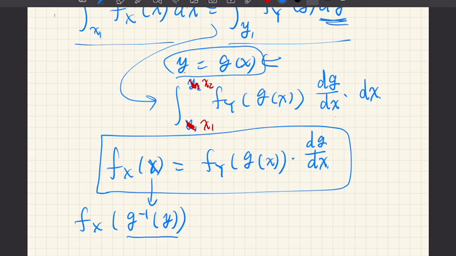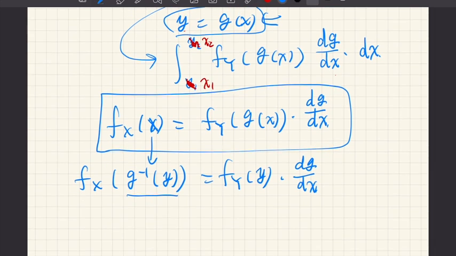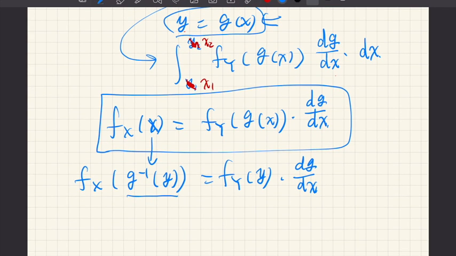And f of y, and dg/dx. So what we have here is, f of y is f_x of g inverse y, and we divide by this.